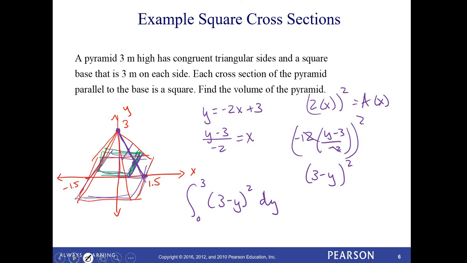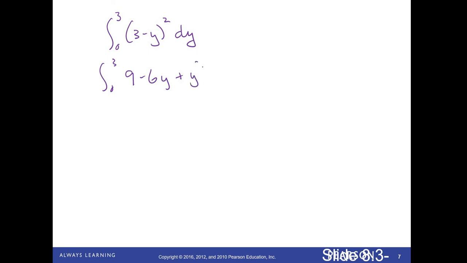Okay. So let's keep going with this. I think I left myself a blank page. So I've got the integral from 0 to 3 of (3 minus y) squared dy. I'm going to FOIL that. So I've got 9 minus 6y plus y squared. And doing my antiderivative, 9y minus 3y squared plus 1/3 y cubed from 0 to 3.